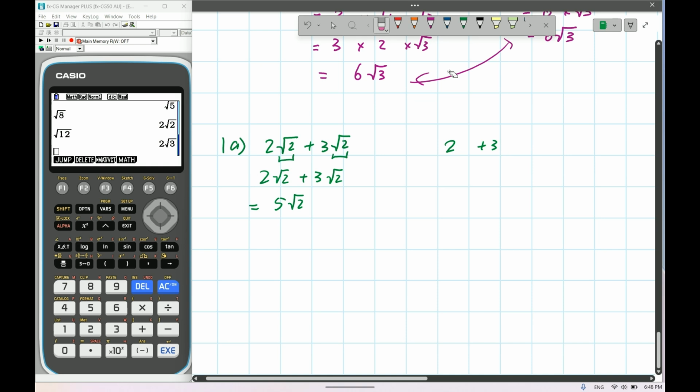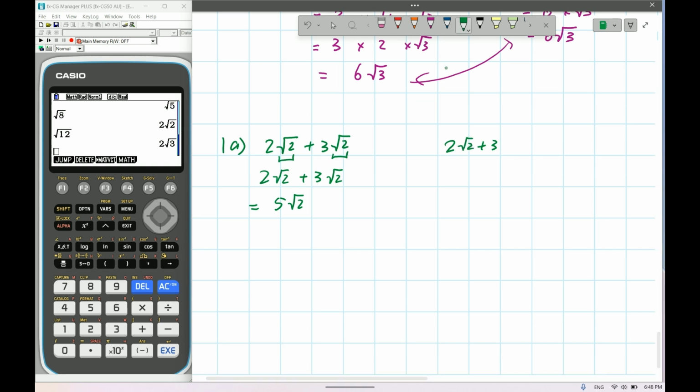Similarly, if you had square root 2 plus square root 3, you can't add these two together because square root 2 is not the same as square root 3. So the idea for this entire section, or for question 1a, is you have to see if the square root numbers are the same, because then they're considered like terms, and then you can add them together similarly to how you would do it with variables like x's or y's.